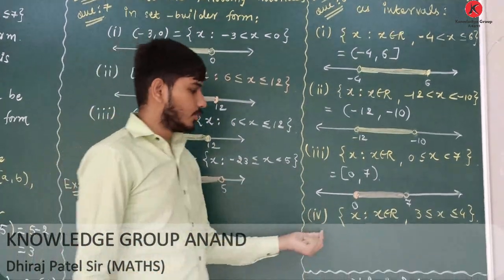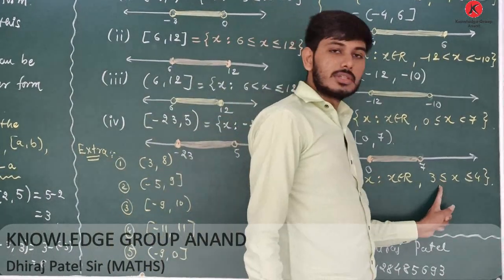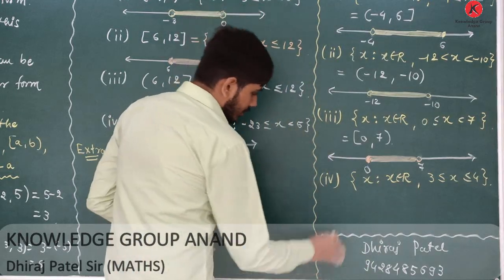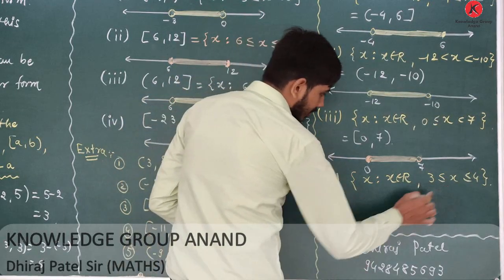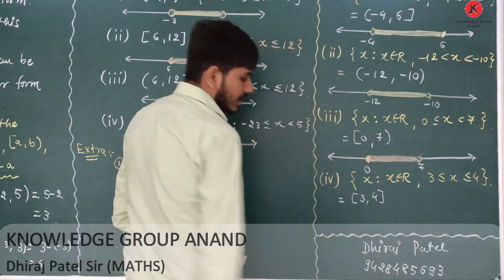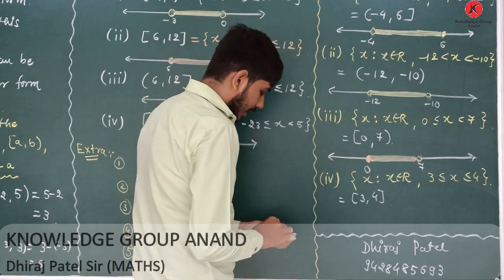Next one, the fourth question, x such that x belongs to R, 3 ≤ x ≤ 4. So the representation in interval form is [3, 4]. All the numbers lie between 3 and 4, including 3 and 4.